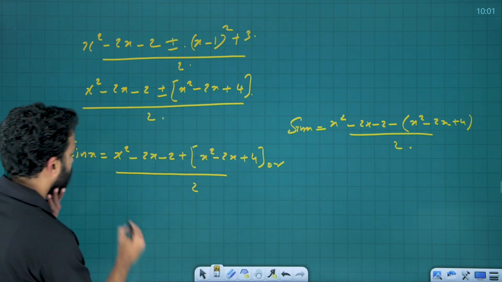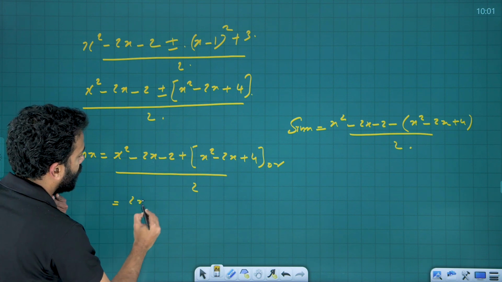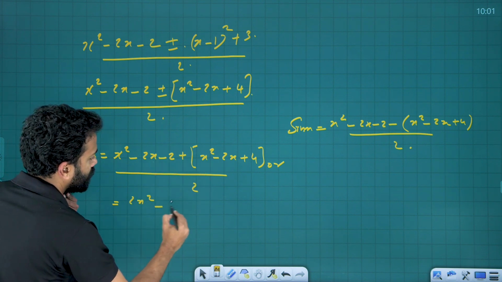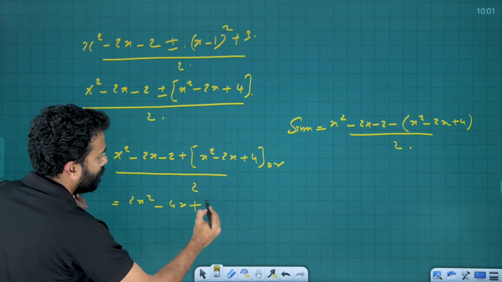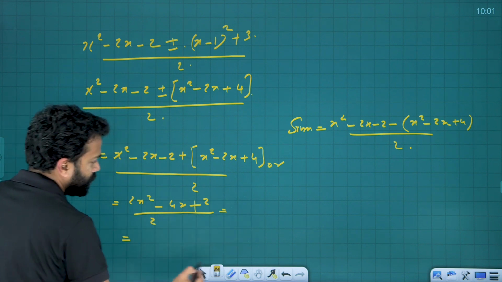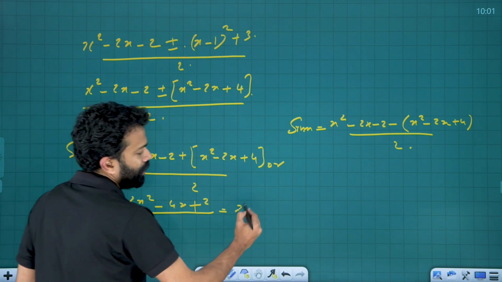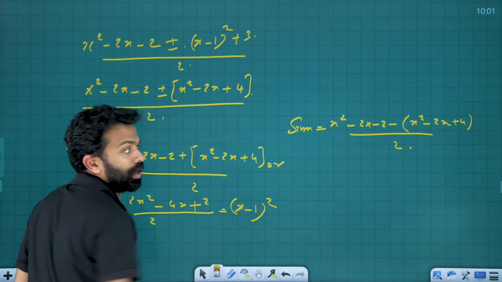And this becomes x square plus x square is 2x square minus 4x plus 2 divided by 2. If you cancel with 2 here, it becomes x square minus 2x plus 1, that is (x minus 1) whole square.